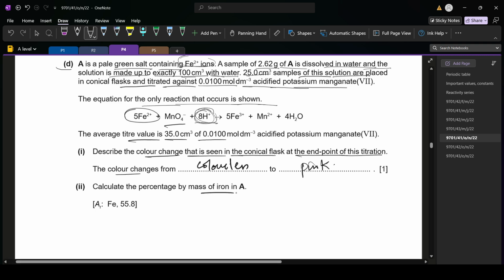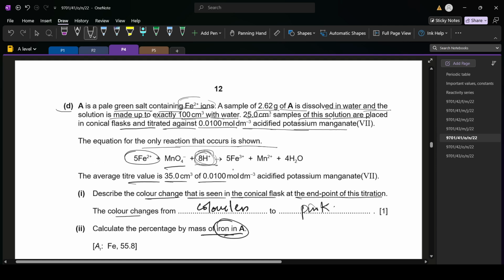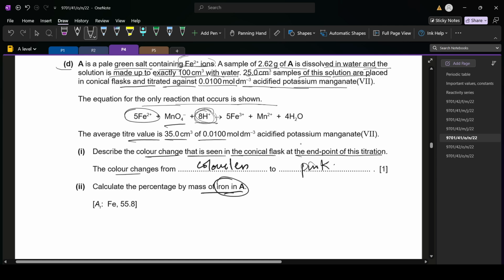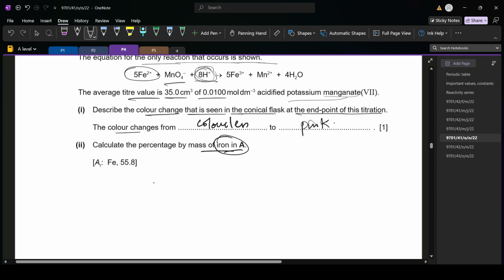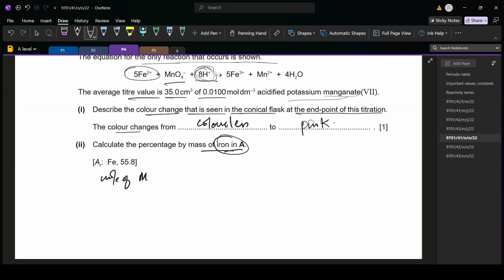Now calculate the percentage by mass of iron in A. You are given the concentration and volume of potassium manganate, so let's find the moles of MnO4- first. Moles n equals CV.